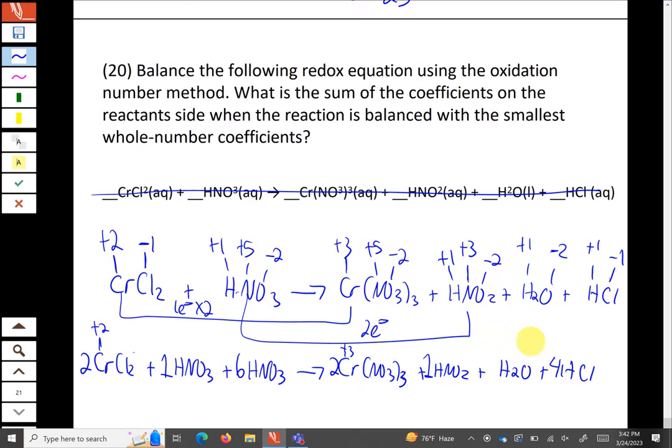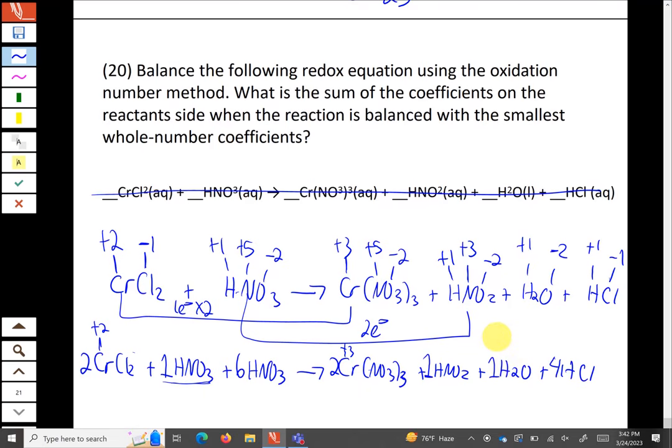What we have is over here, if you want to count them all together, we have 3 plus 18 is 21. Over here we have 18 plus 2 is 20. Or alternatively, we know that the only one that's losing oxygen is this HNO3 to HNO2. That's losing 1 oxygen, so we need 1 more water over there. And then hydrogen should be the same now on both sides, if we did everything else correctly.